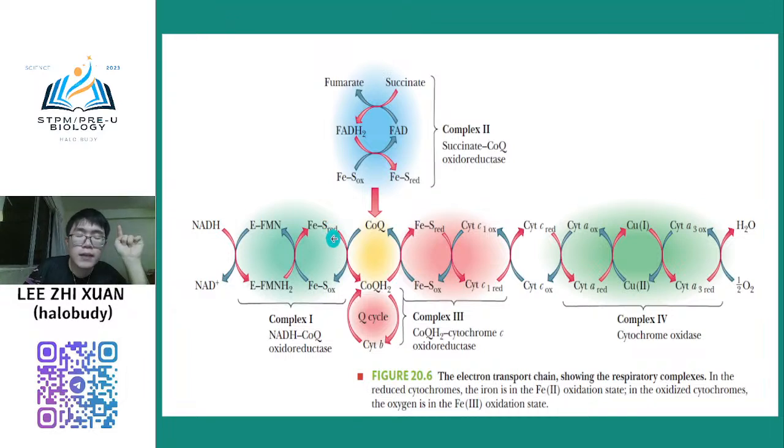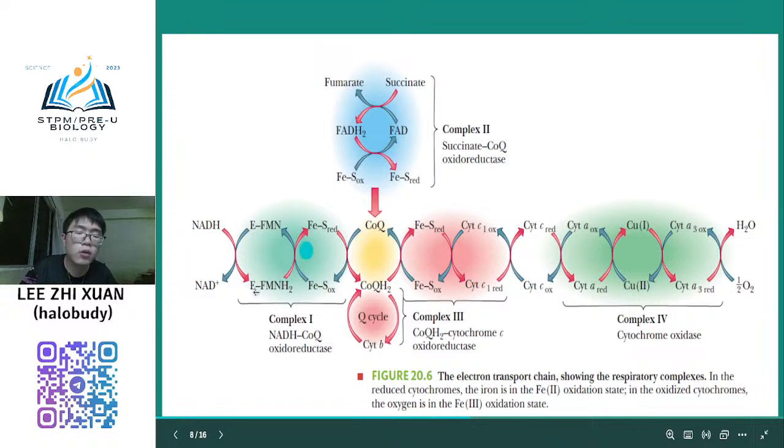So, FeS, after that, it will transfer to the coenzyme Q. So, coenzyme Q is not the complex. So, actually, complex 1 just only contain FMN and FeS only. So after that, once it transfer to coenzyme Q, so coenzyme Q will transfer to complex 3. Complex 3 also contain FeS and also cytochrome C1. After that, it will transfer to cytochrome C again.